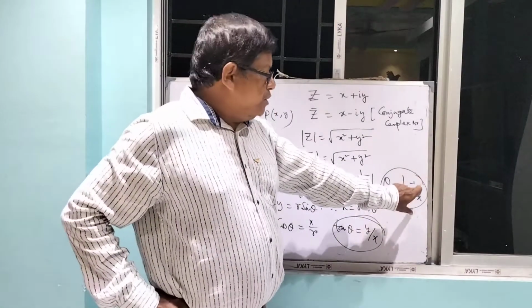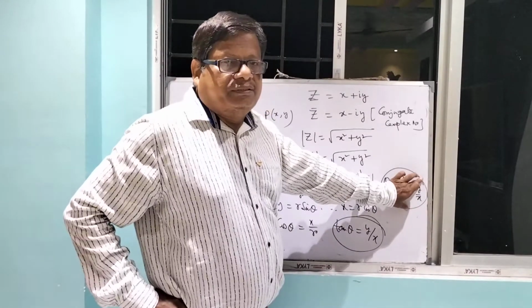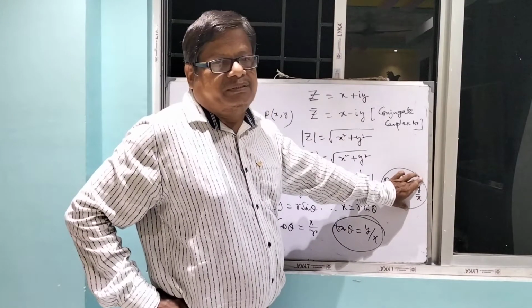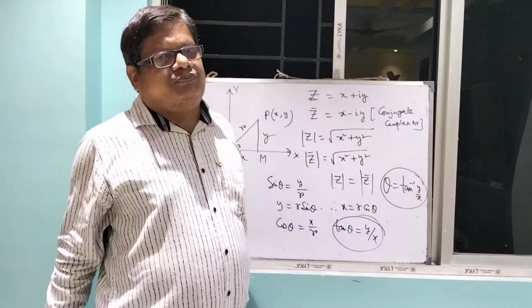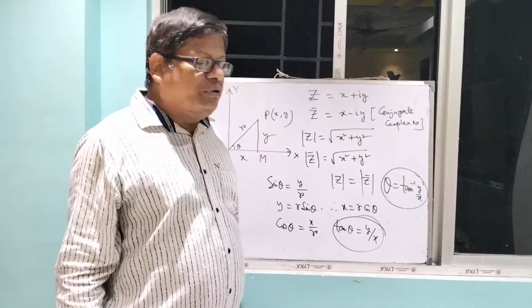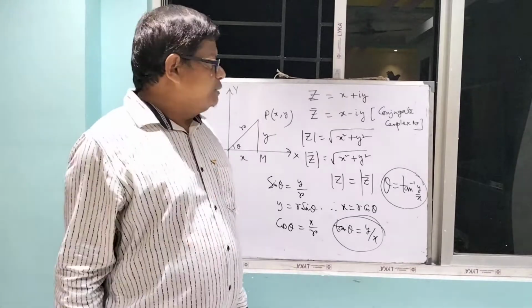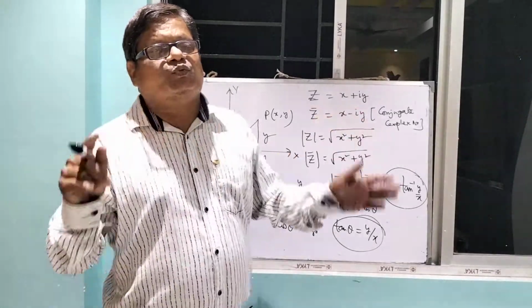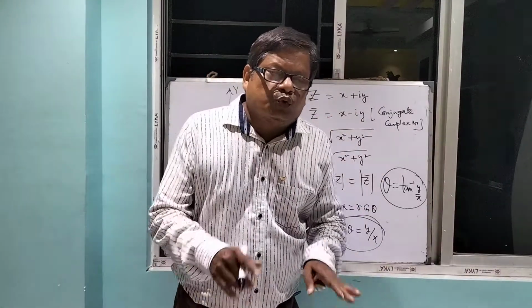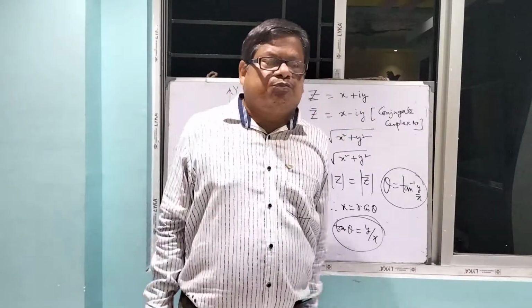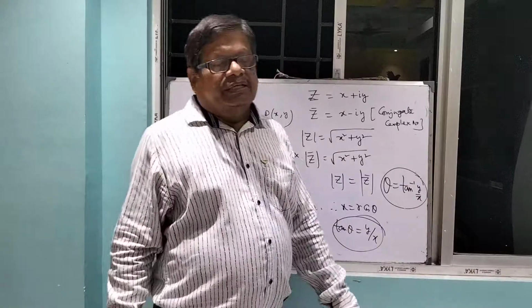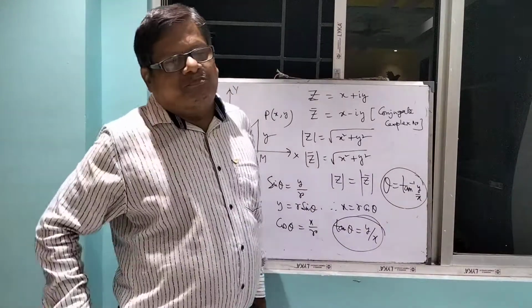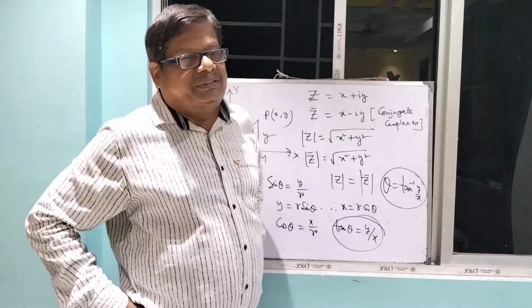It is a multi-valued function, a many-valued function. Suppose tan inverse 1, tan inverse root 3; we will get many values of theta. Understood? That is why this is known as a many-valued function.